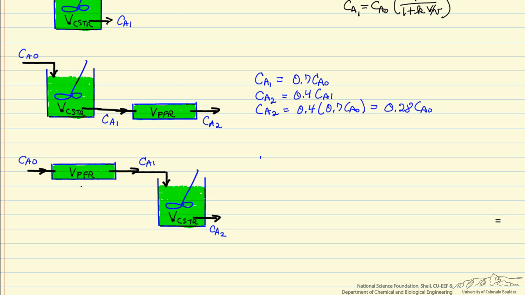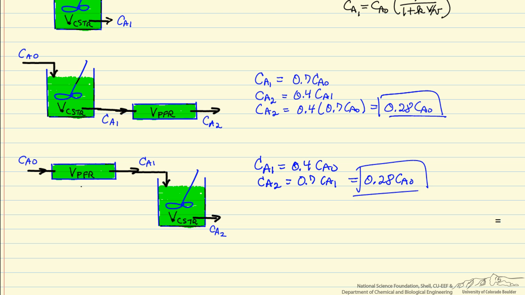In that case, for the plug flow reactor Ca1 is 0.4 times Ca0, and Ca2 is 0.7 times Ca1, which means, again, 28% remains, that the outlet concentration from the system is the same, independent of the order of the reactors.